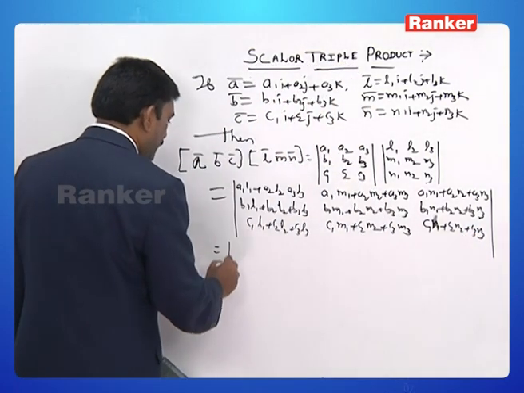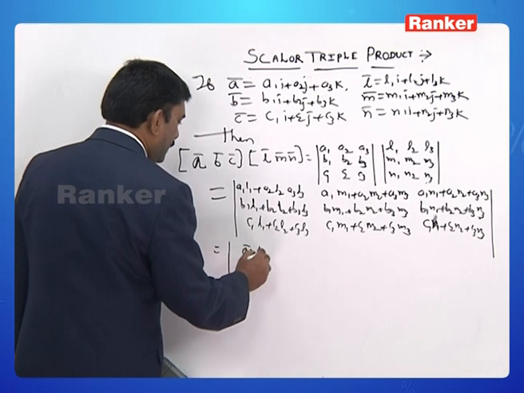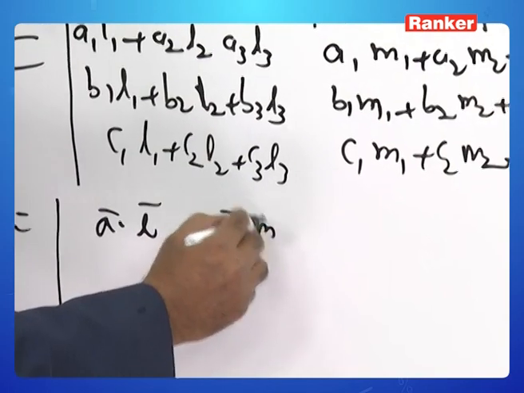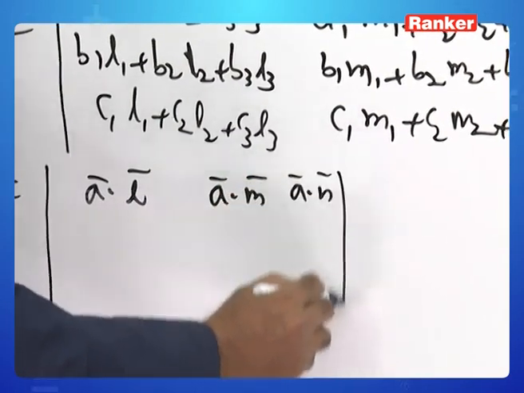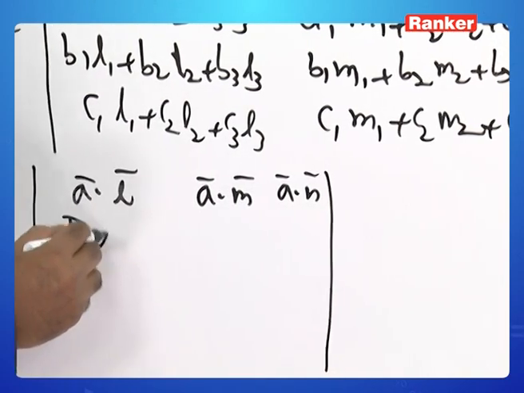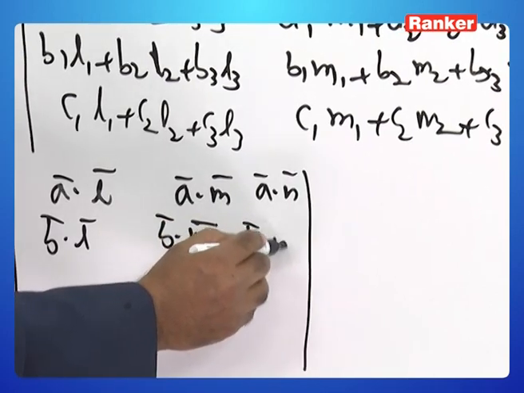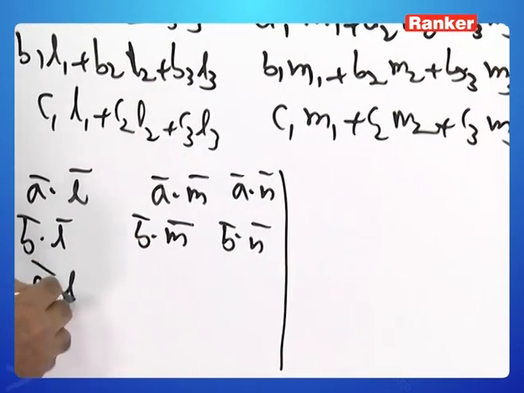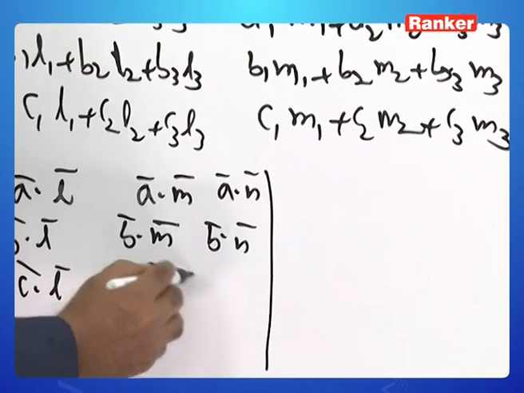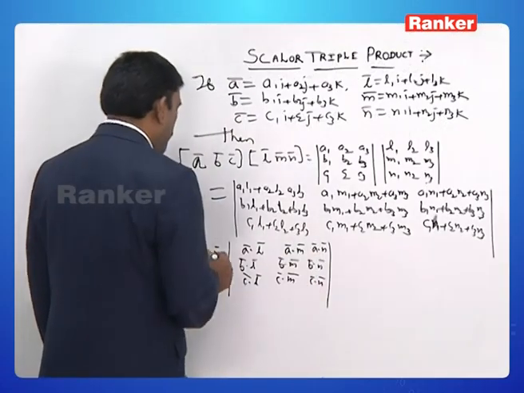This is nothing but A bar dot L bar, A bar dot M bar, A bar dot N bar, B bar dot L bar, B bar dot M bar, B bar dot N bar, C bar dot L bar, C bar dot M bar, C bar dot N bar.